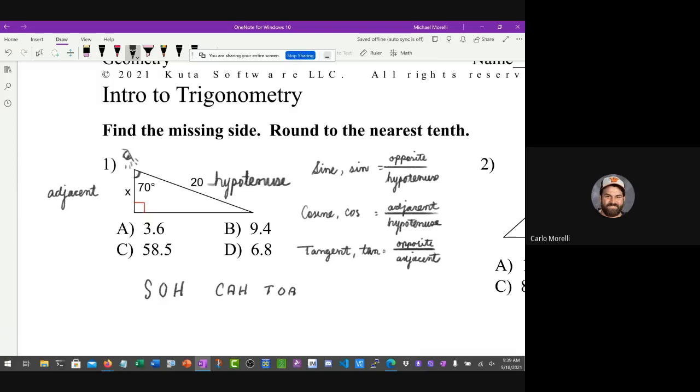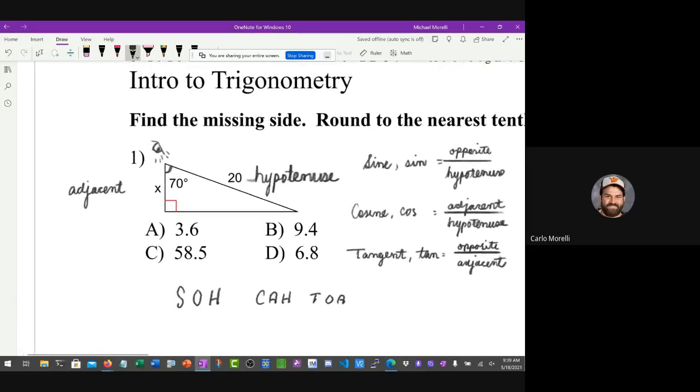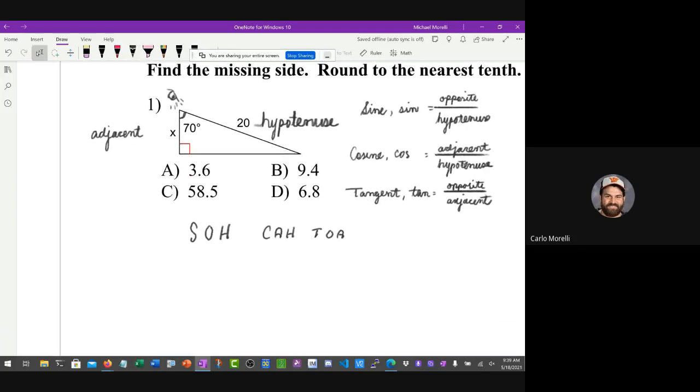So let's go back to number 1. Now we've got our learning in place. We're given 70 degrees. We want to find the adjacent side, and we're given the hypotenuse. So look at number 1 on your paper and write down cosine, or COS, open parentheses, 70 degrees equals adjacent over hypotenuse.